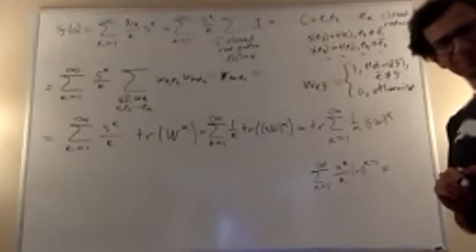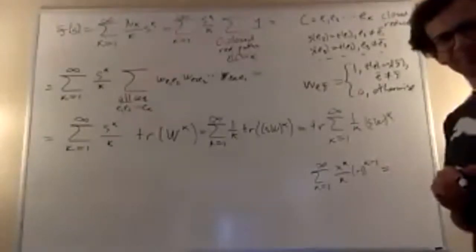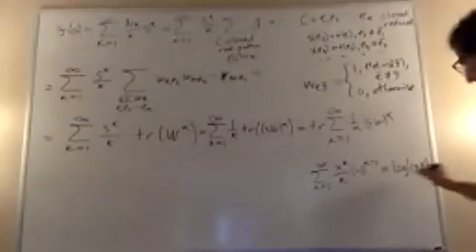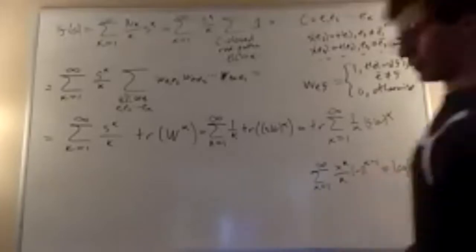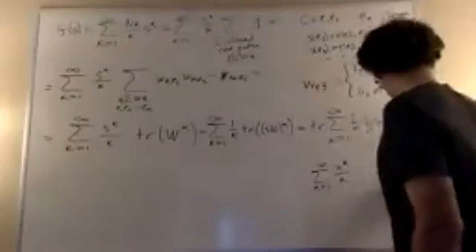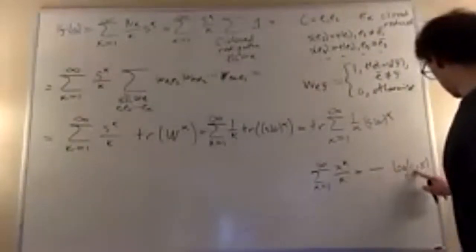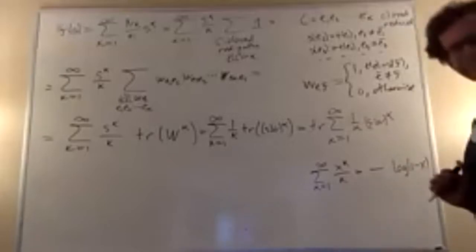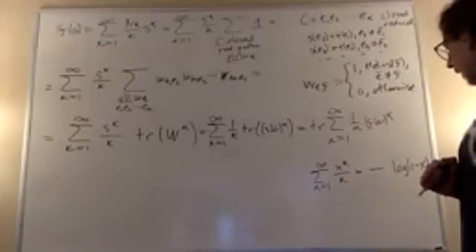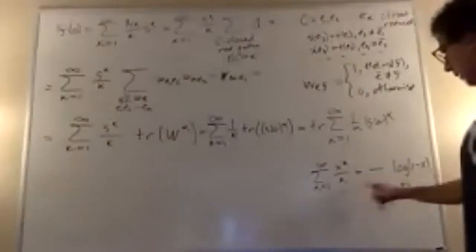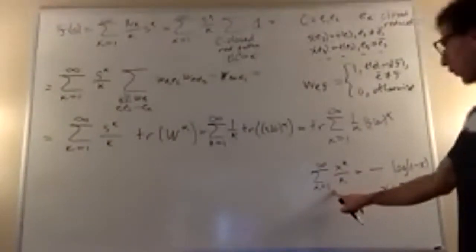Anyone? Okay. Well, this is log of 1 plus x. And if you remove the minus sign, then what you get is negative log of 1 minus x. So here x is a real number, and in fact this series converges only if x is less than 1 in absolute value.